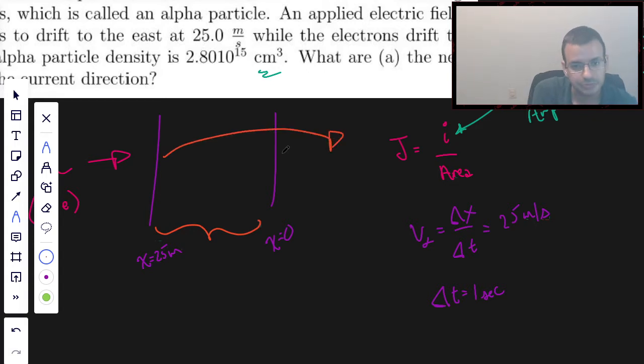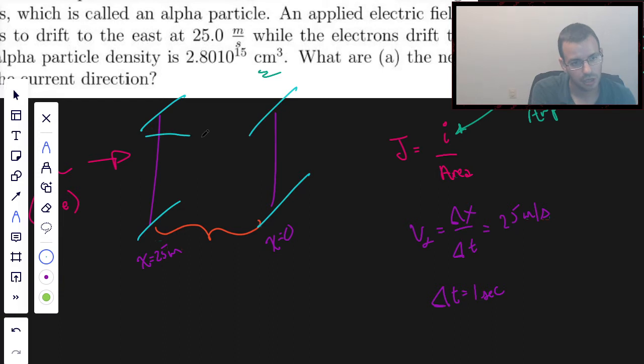One thing to keep in mind is that this really isn't a line per se, this is a plane, so we're actually looking at a volume. This whole volume is going to the right, and after 1 second, this volume is going to move past our plane. That's what we're concerned with for the current density.